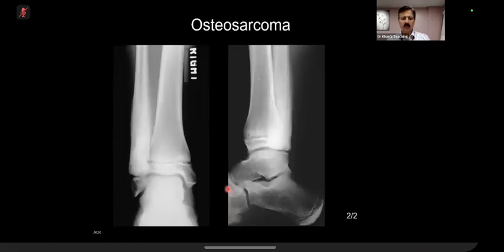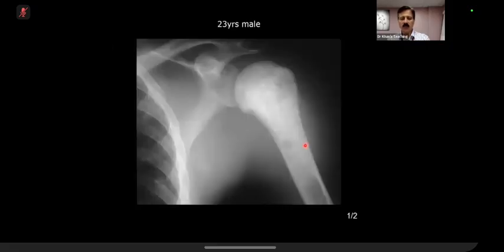Another case, sorry, this is the same case, and just to show you, on a lateral you can see this Herring-bone type of periosteal reaction. Again, in the description, how will you describe this? So the lesion is centered in the left proximal humerus.